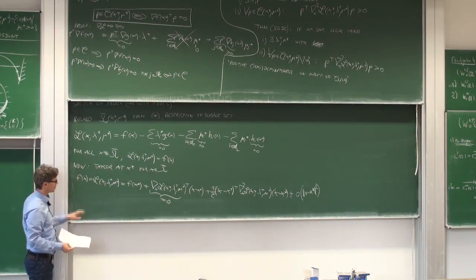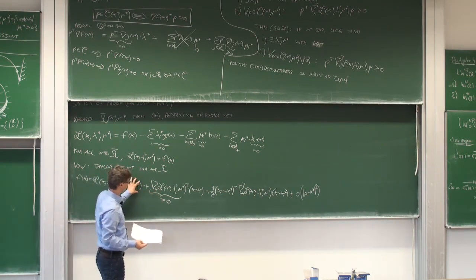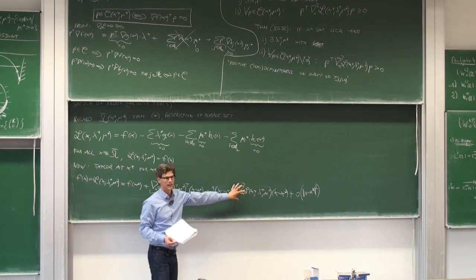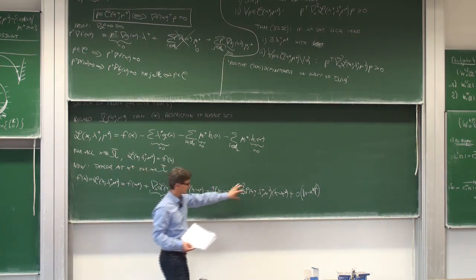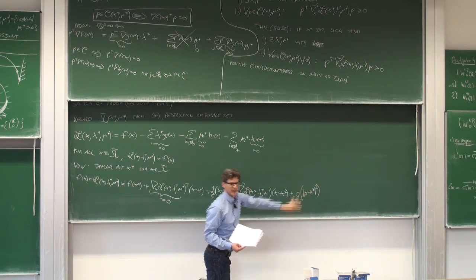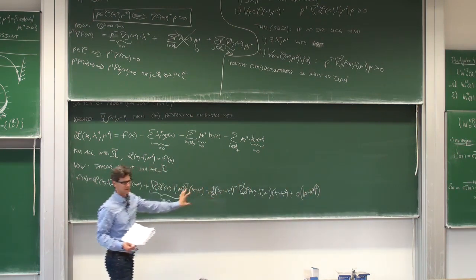So we see that this is the objective, this is a quadratic term, and for small enough x minus x star, it will always dominate the higher order term, as long as it is non-zero.